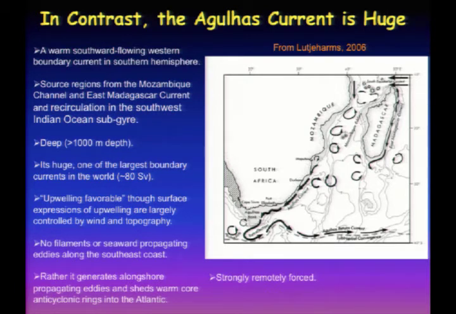They're eddies that originate around Durban and the Natal Bight, so they're called Durban eddies and Natal pulses. And obviously the Agulhas current is strongly remotely forced because it is the western intensified boundary current of the southern subtropical gyre of the Indian Ocean. Okay, it's a huge part of the southern Indian Ocean circulation.